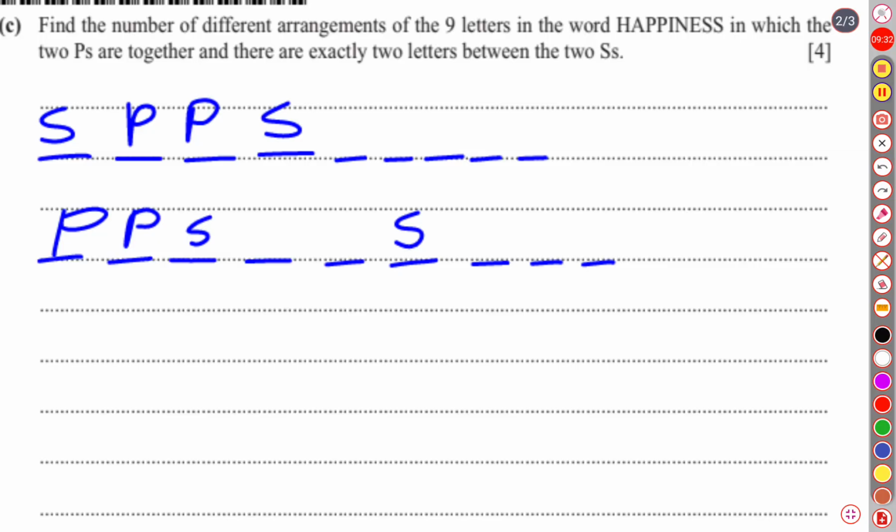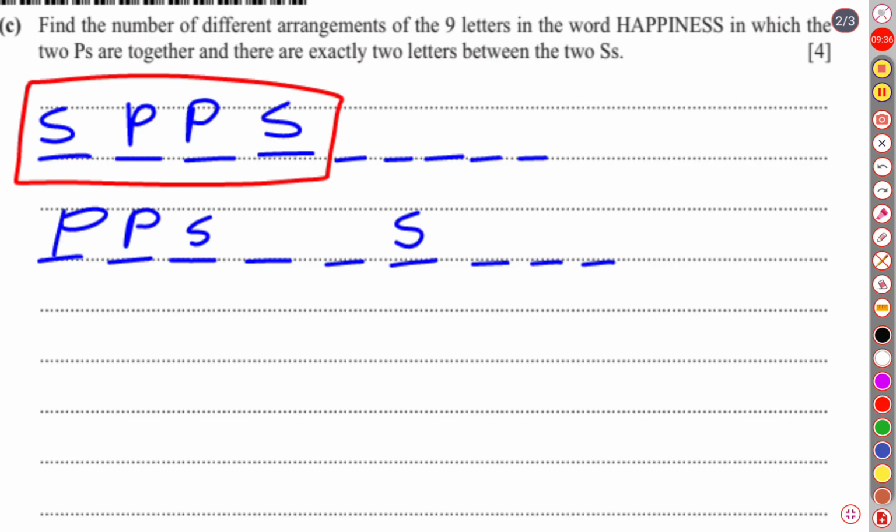For the first case, let us assume that this is 1 unit. We don't need to make any change to this. And for the second case, let us consider that this is 1 unit.